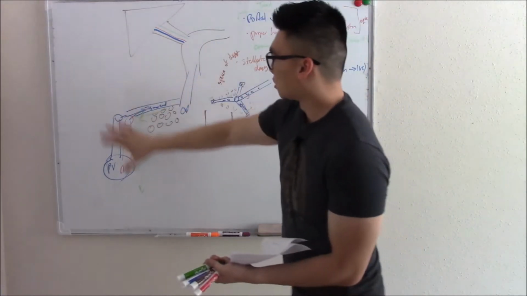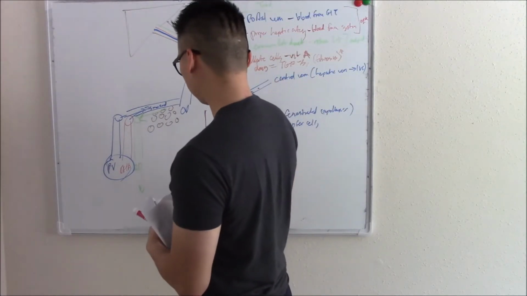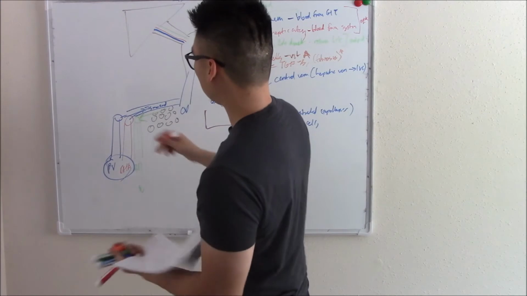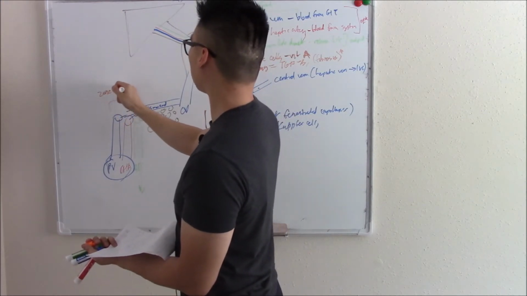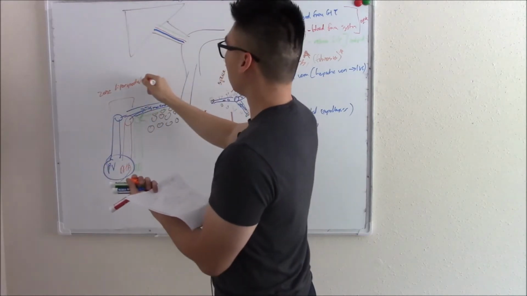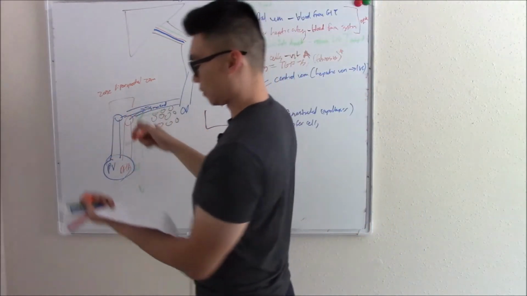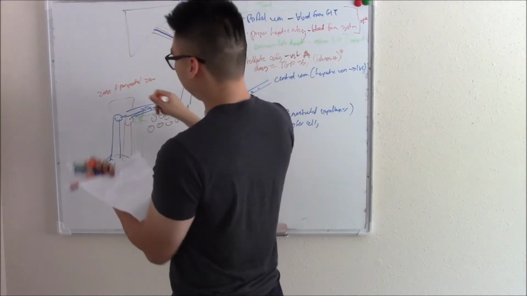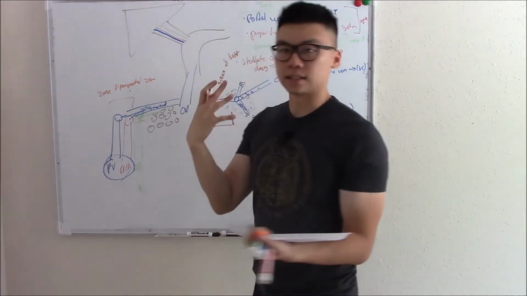We can break this into 3 different zones. We can break it into zone 1, and zone 1 we call your peri-portal zone. Peri means around, so around your portal triad. And around this zone, there are certain pathologies that really like to affect it.